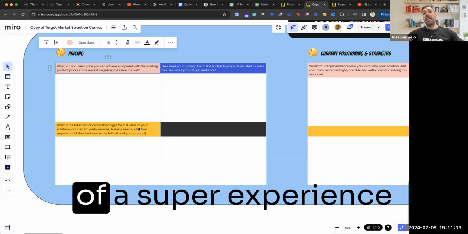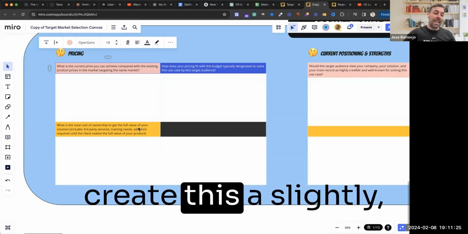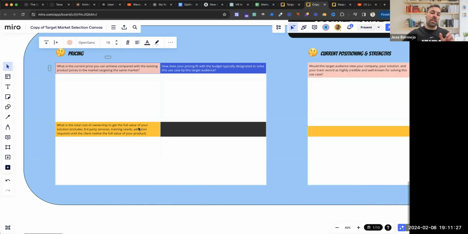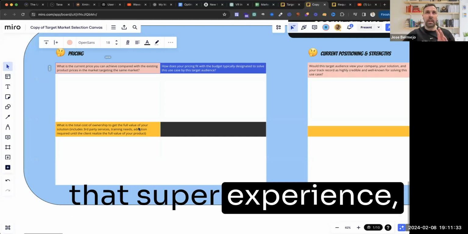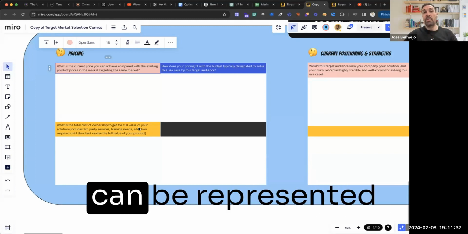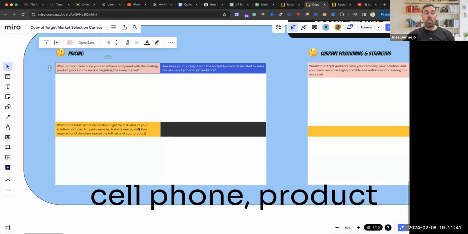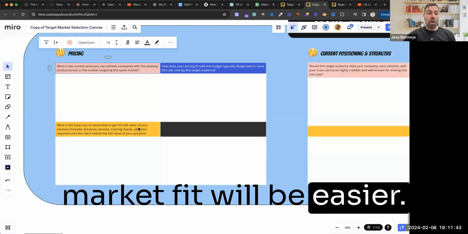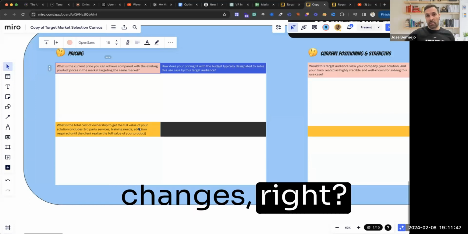If instead of a super experience like this, you would create this slightly, let's say, slightly not that super experience, but better than a virtual tool, something that can be represented in a laptop or in a cell phone, product market fit will be easier. All of that we are removing changes, right?